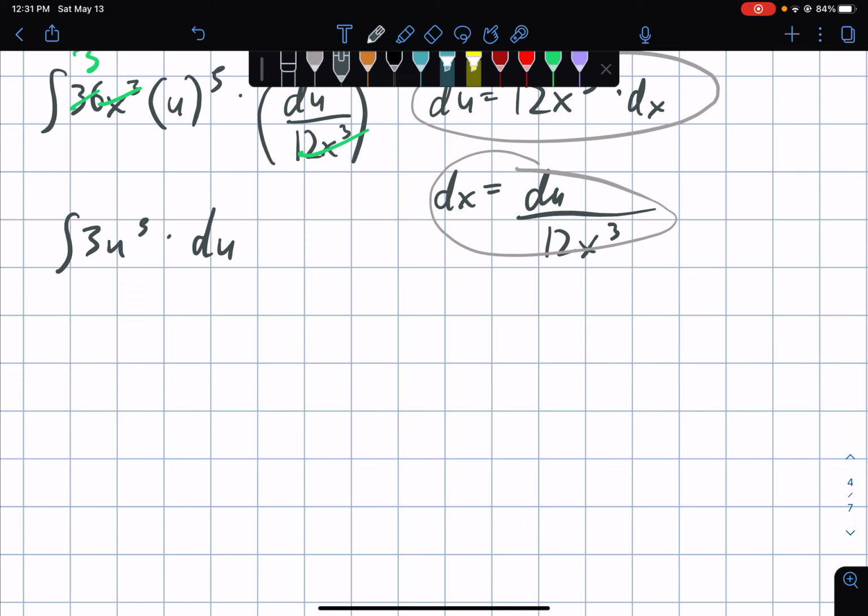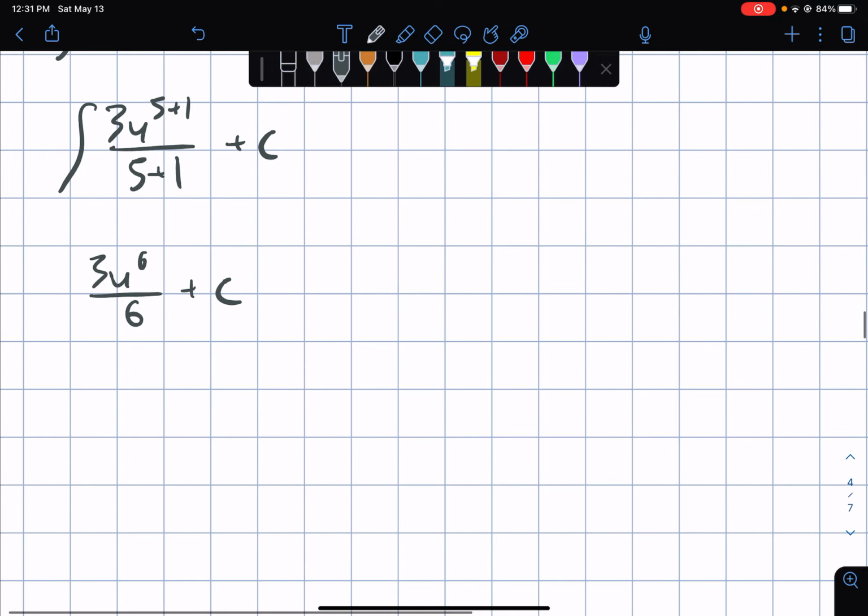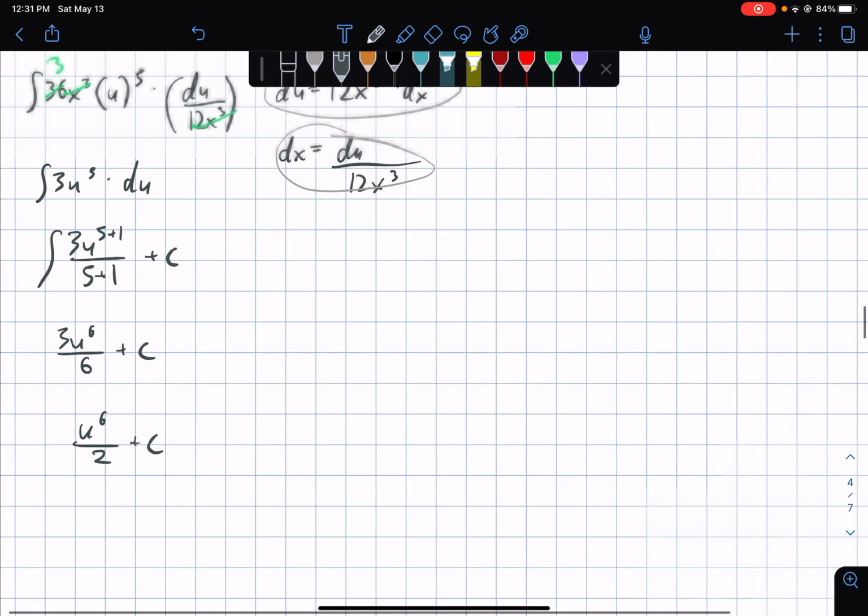Then power rule: 3u raised to 5 plus 1, then 5 plus 1, plus c. 3u raised to 6 over 6, plus c again. Just copy plus c. Then we have u raised to 6 over 2 plus c. What is our u?